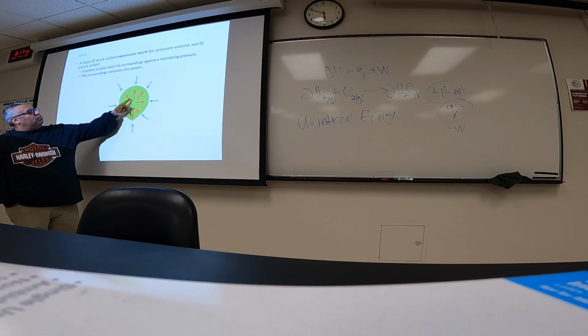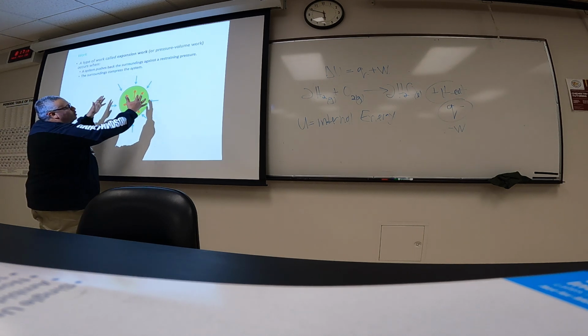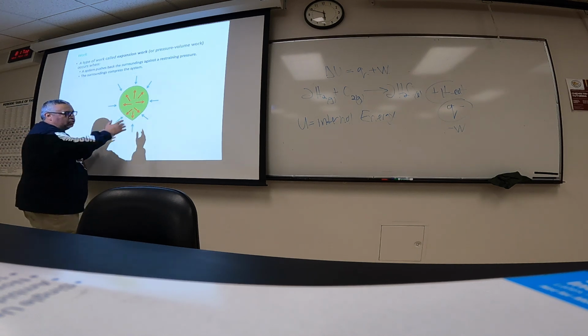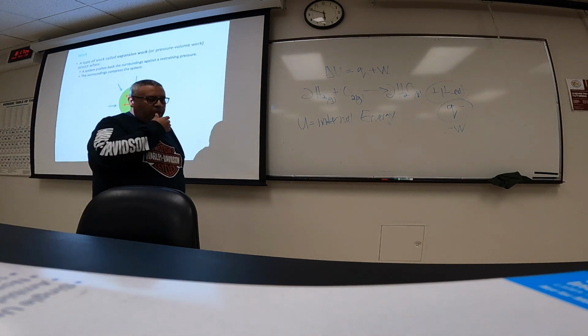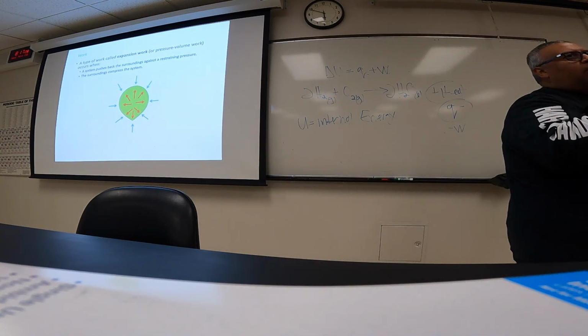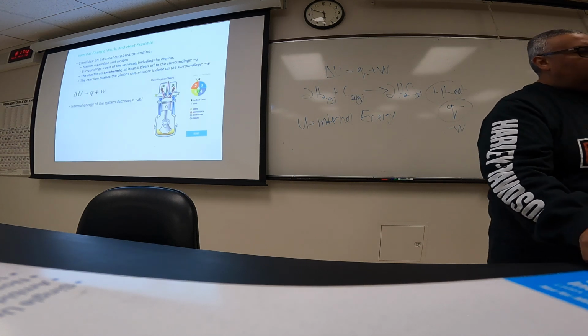If I'm trying to fill this balloon with air, the surroundings is trying to push this in, and whatever air we're putting in here is trying to push itself out. So this is just one type of work that we're considering. We consider pressure volume work.